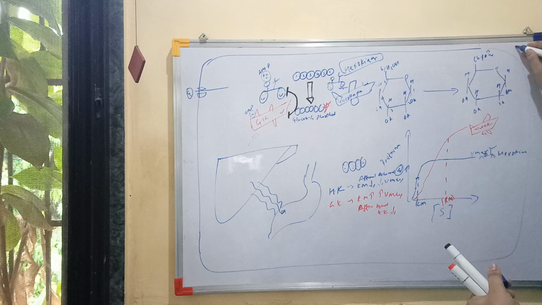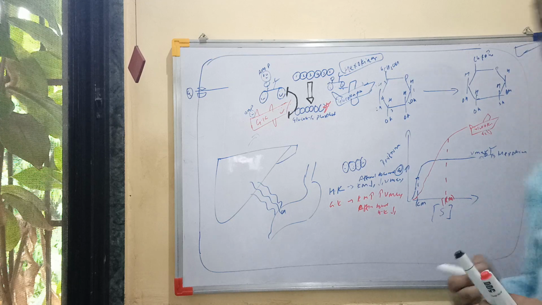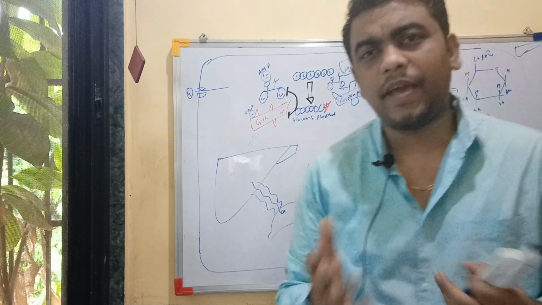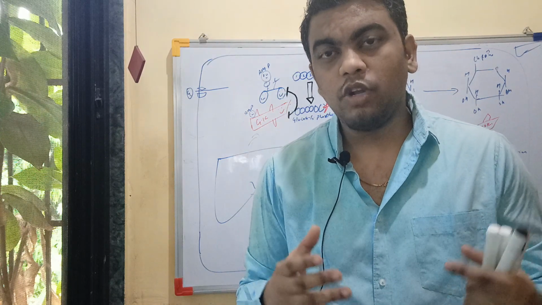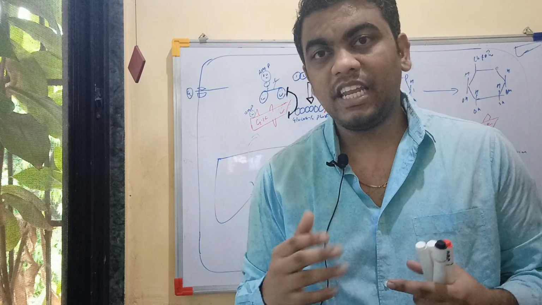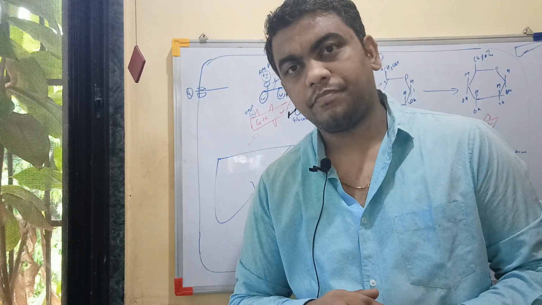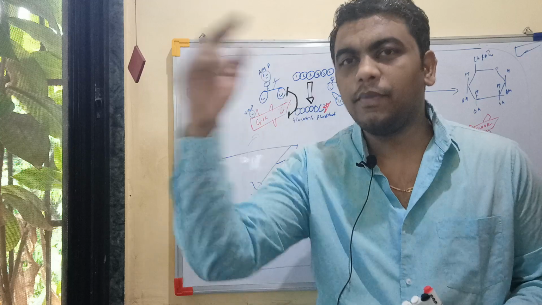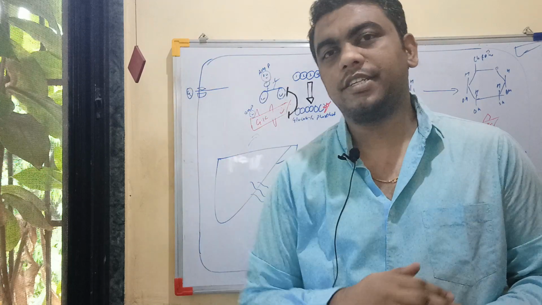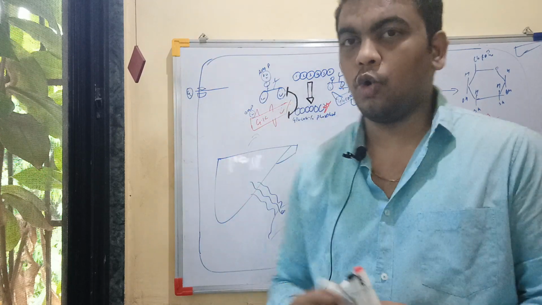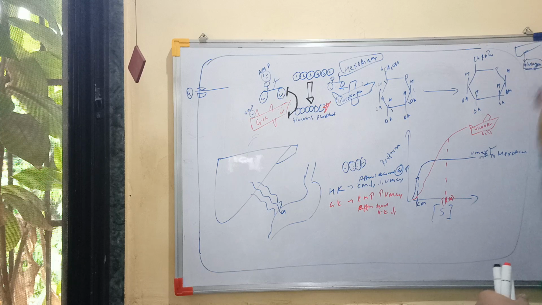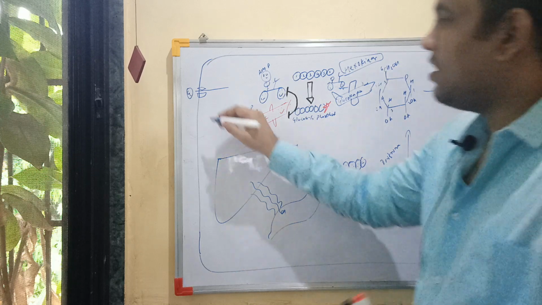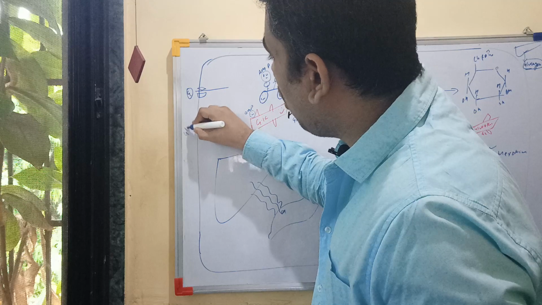If you are saying insulin, of course insulin is there in the pancreas, but insulin is not secreted when there is low blood glucose, correct? When there is high blood glucose, that time insulin is secreted. But when there is low blood glucose, there is one hormone called glucagon, which is secreted. Now let's say this is our hormone called glucagon.